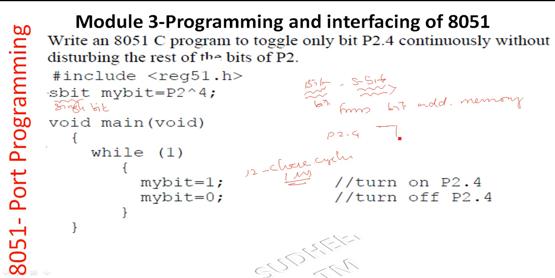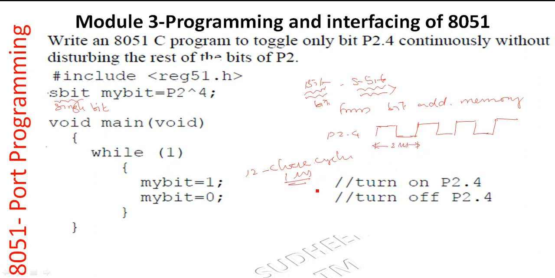So that bit goes low after 1 microsecond. Then again it will continue with mybit equal to 1. So it will go high, then low, then high, then low. So at pin 2.4 of our 8051 microcontroller, we will be getting a 2 microsecond square wave.